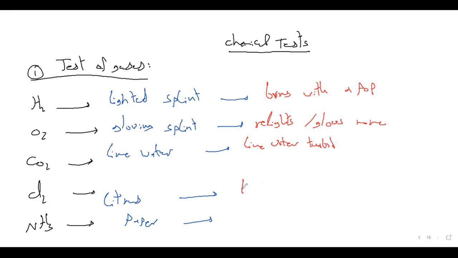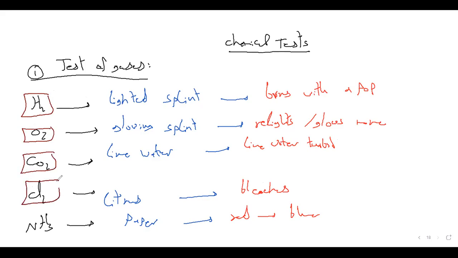Chlorine, litmus paper bleaches or turns white. Ammonia turns red litmus paper blue. This is the first one, test of gases: hydrogen, oxygen, carbon dioxide, chlorine, and ammonia.